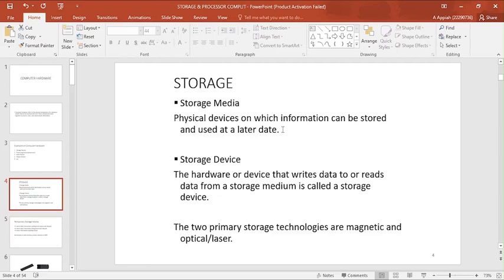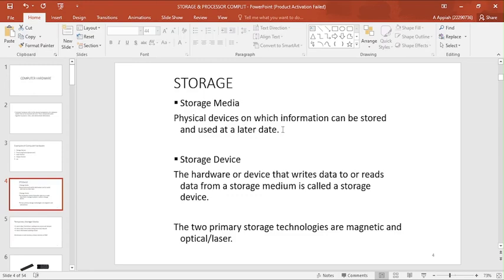Those are the physical devices on which information can be stored and used at a later date. And then when we say storage device, it is the hardware or the device that writes data to or reads data from a storage medium.